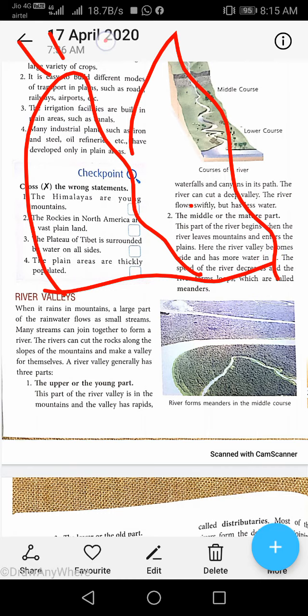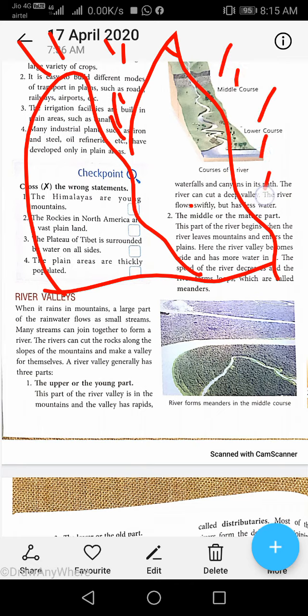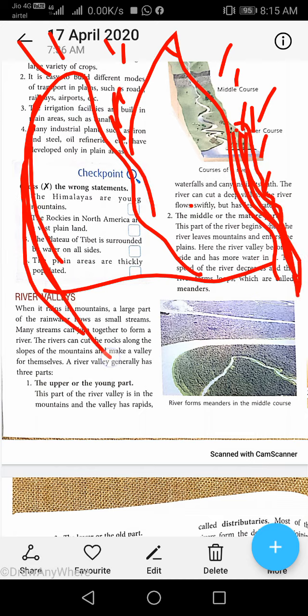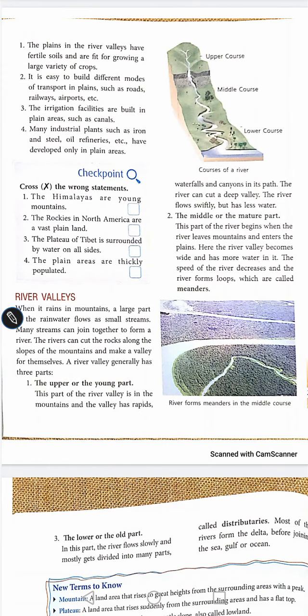If water falls on this side like this, the water flows from the corners, on all parts like this. So here I just want to tell you that this rainwater flows as small streams.